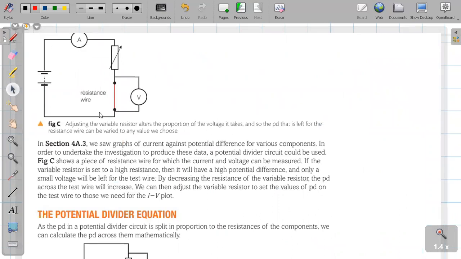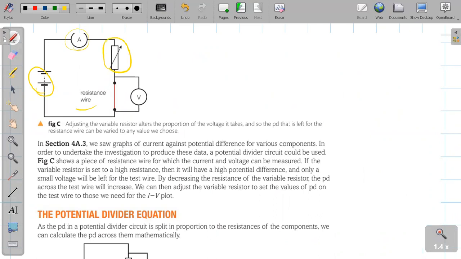There is a power supply, that means an EMF provider, an ammeter, a variable resistor and a resistance wire. Using this resistance wire, you may use the output voltage through this resistance wire. Got the point?